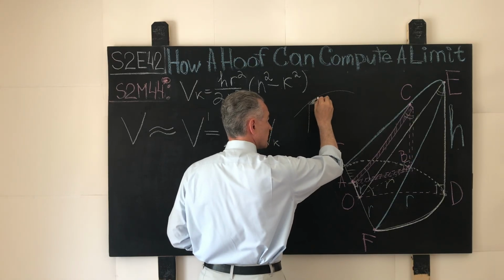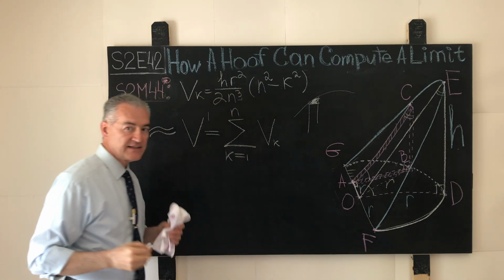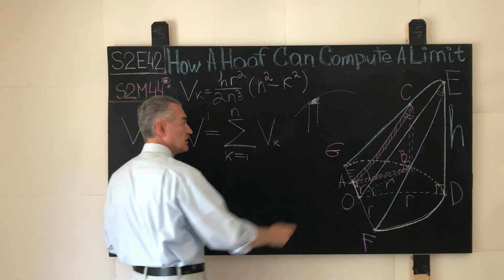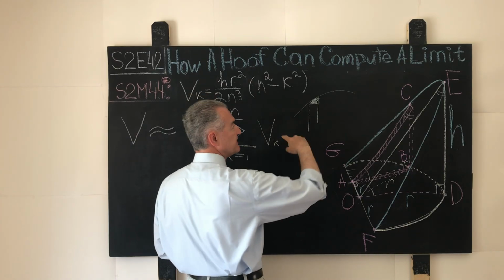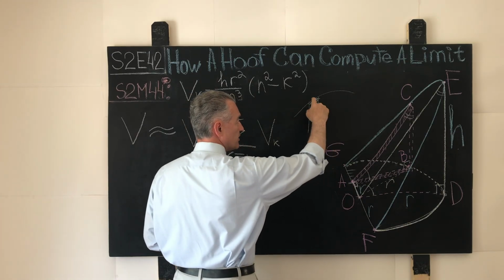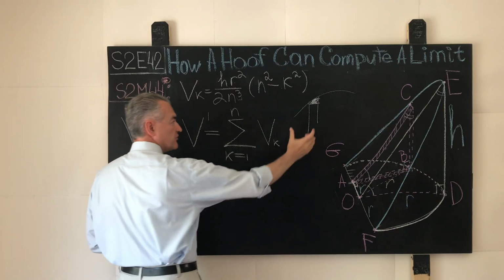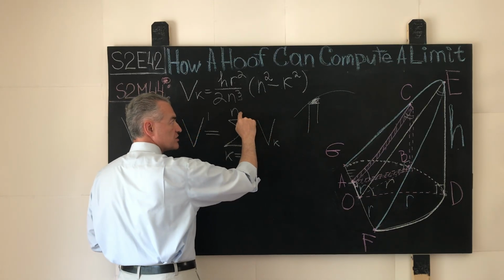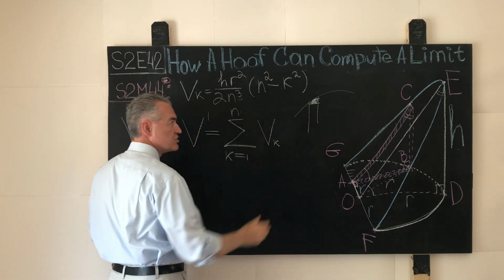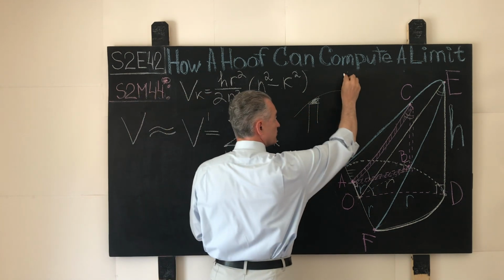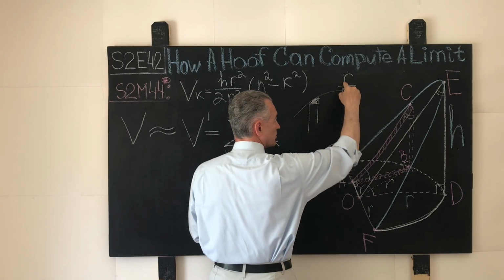This is, in some sense, the error, or the delta, if you will, between the sum total of all the volumes of the primitive parts and the exact volume of the hoof. But the idea here is the following. If we make the number of such parts larger and larger, then the width of each, remember the function that reflects the width of each part, r over n.